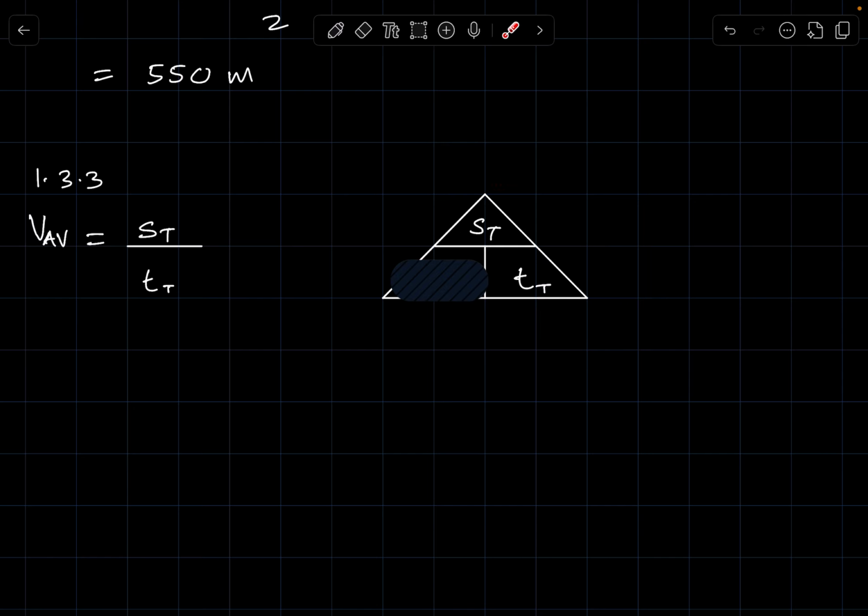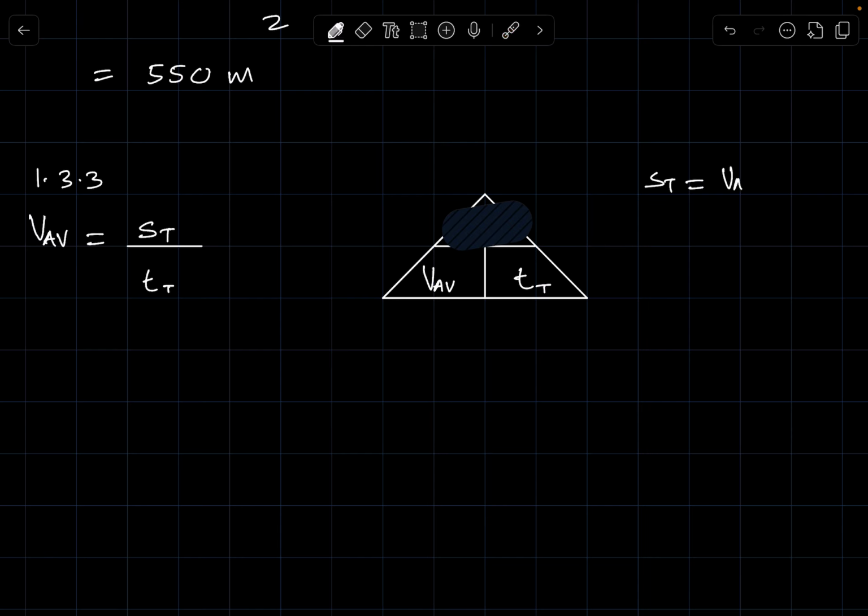If you were given the average velocity of the entire motion, of the entire span of the car's motion, and you were looking for the total distance, you can simply do the same. If you are looking for this instead, it means you would have S is equal to V average times total time.